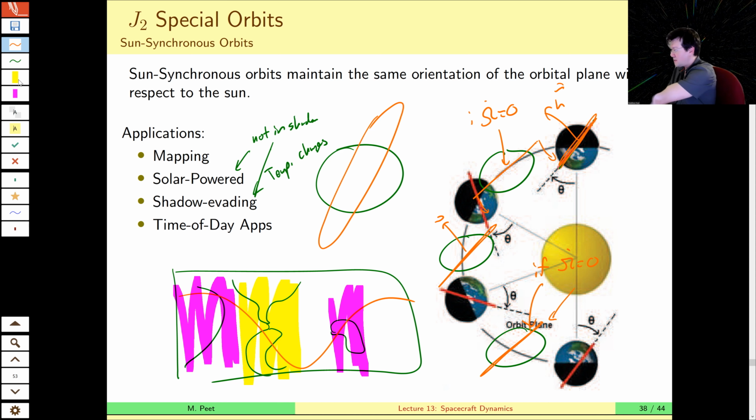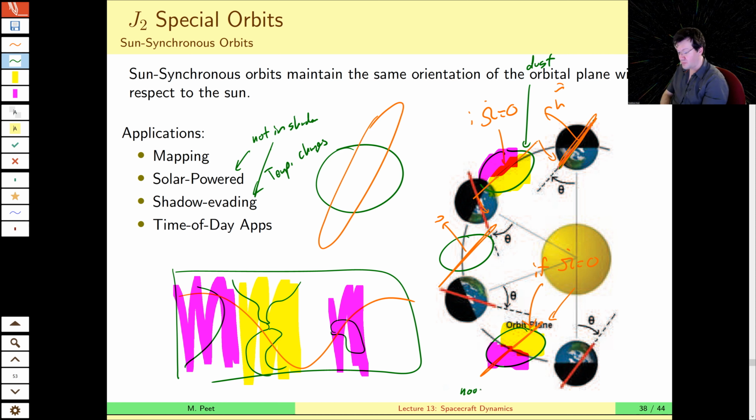Your orbit in this case is always above the Earth at dusk. And here the satellite is above the Earth at noon, midnight. Here it's noon, here it's midnight.